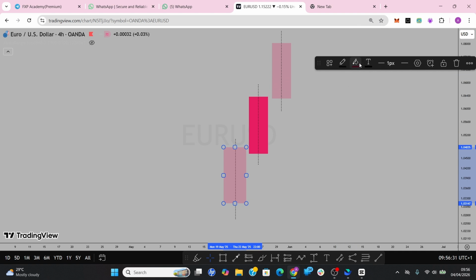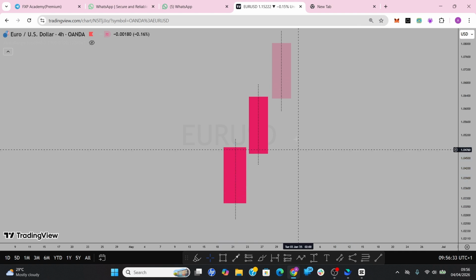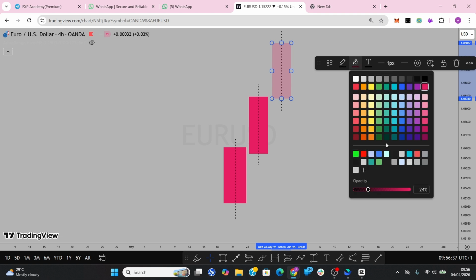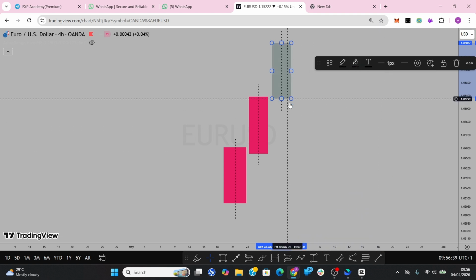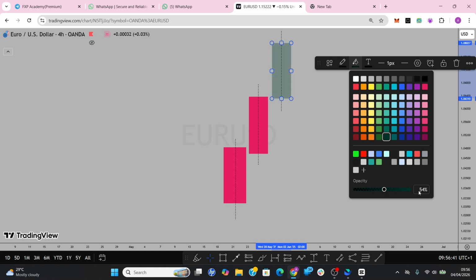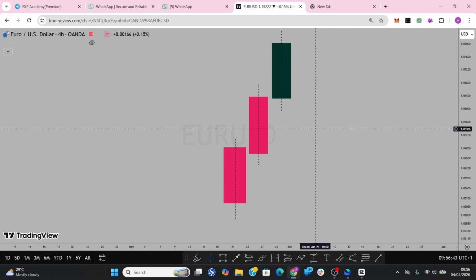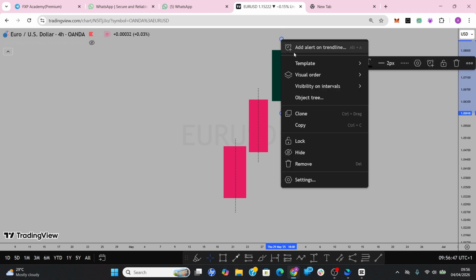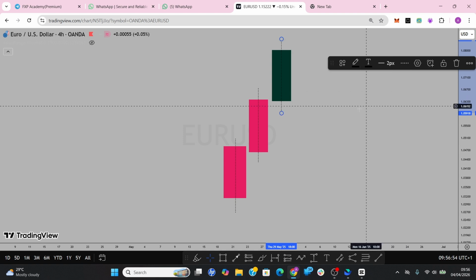So this is it. So fair value gap, some of you must have heard about it before now, but some of you might not have heard about it. It is very simple.